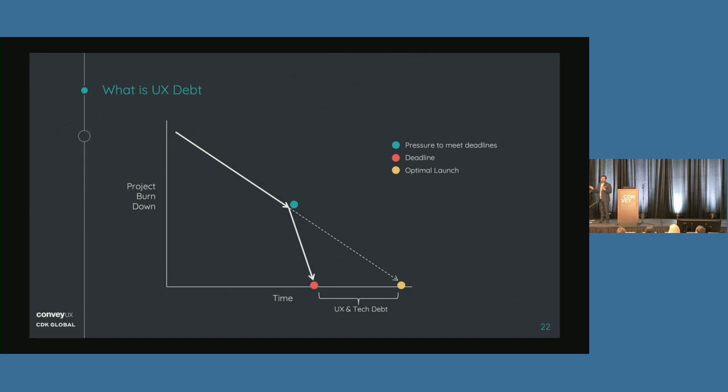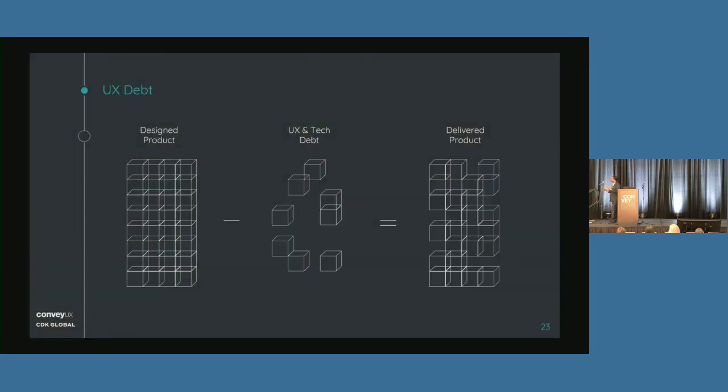But regardless of the reason, you took a leap of faith and you met the deadline, but you gathered some debt. Think about this: this is what a designer had designed as a product. Because of meeting the deadline, you left these many blocks or features or functionality, and you ended up with this as a delivered product.